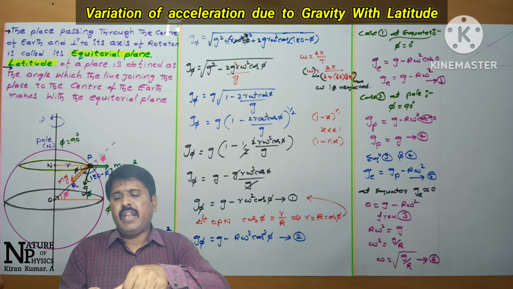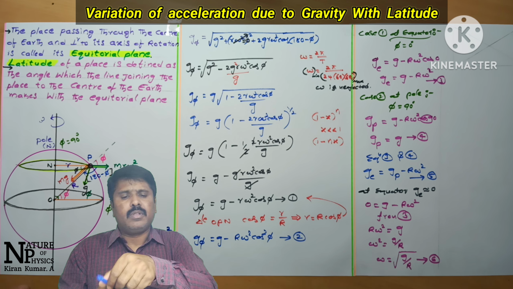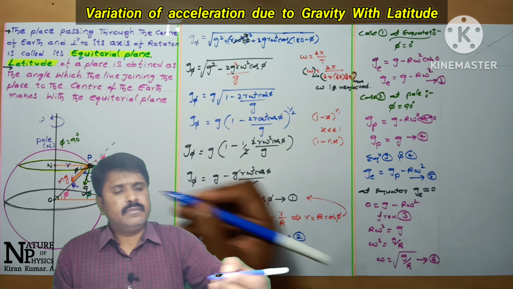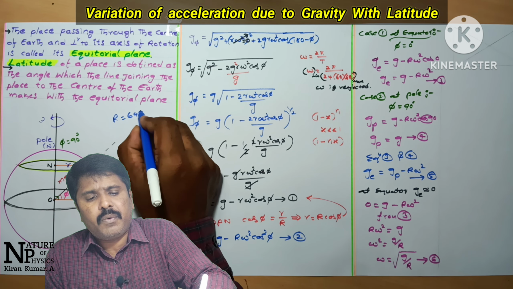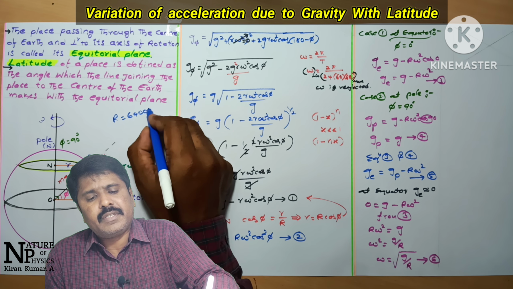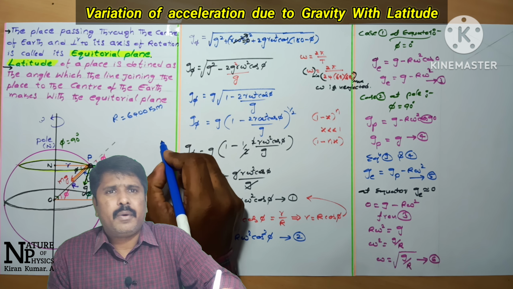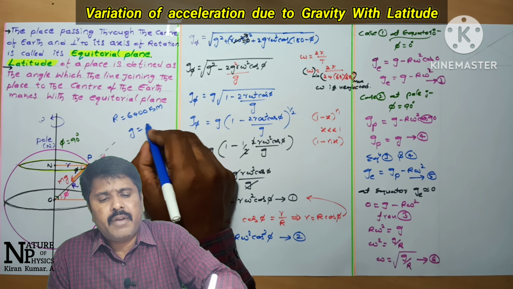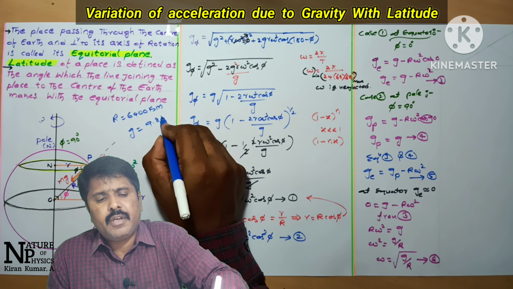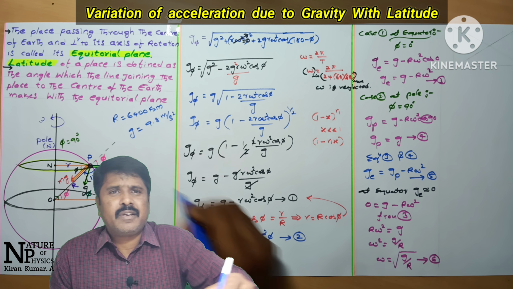Okay, in this the values also I am replacing. The radius of the earth is equal to 6400 kilometers. And then, small g is the acceleration due to gravity, that is 9.8 meter per second square.